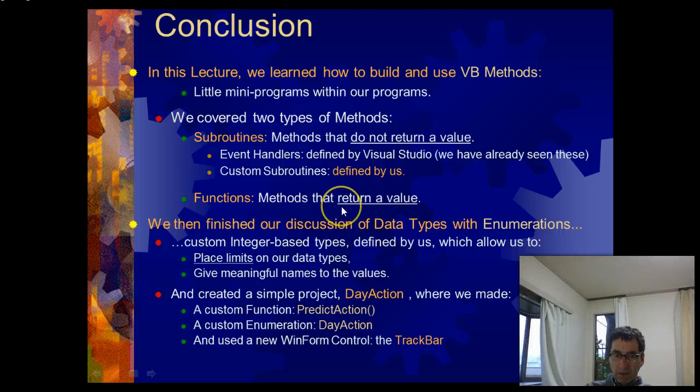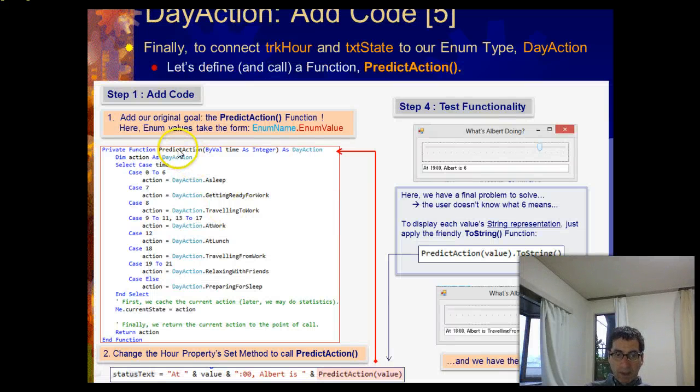So like that last one that we just had, predict action was a function. So it returns a value. It returns here, return action, it returns some kind of value.